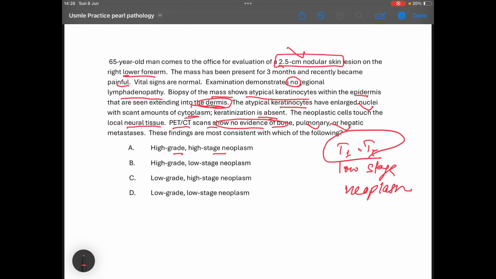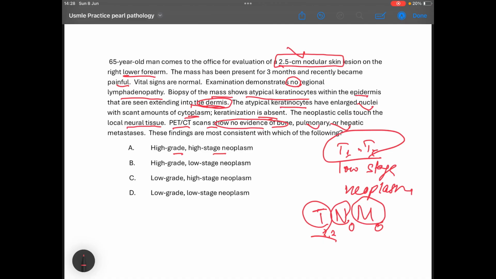In staging we use TNM: no lymphadenopathy, so N0, and no metastasis, so M0.